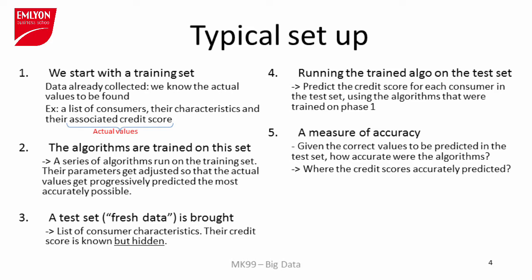So you apply on this fresh data set the algorithms that you had trained before on the training set. And you just cross your fingers that the predictions will be accurate. But since your algorithms have been trained on a similar data set, things should go well.